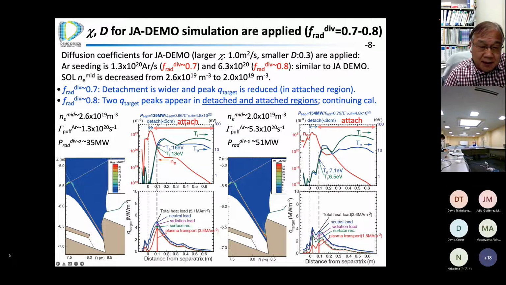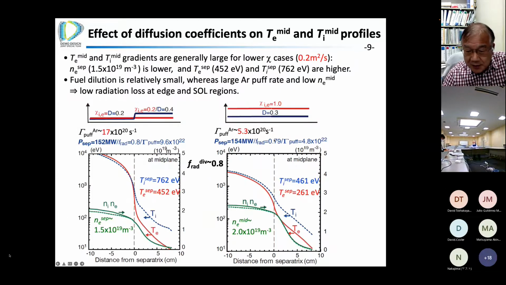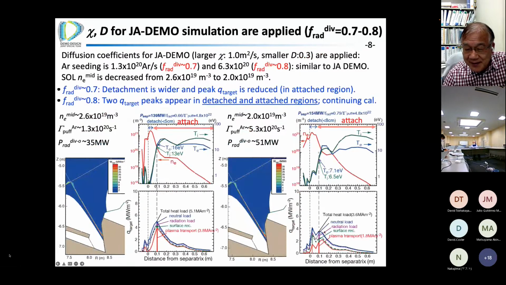The detachment is extended 5 centimeters. Therefore, the peak heat load is about 5 megawatt per square meter, including the surface recombination, the radiation, and the neutral load, like here. In the 80% case, as I mentioned previously, the detachment region is extended and the temperature is reduced.